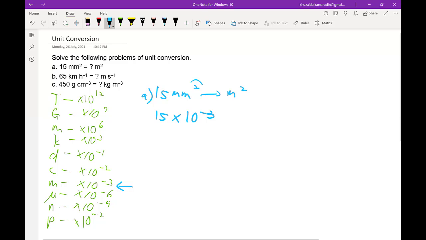But then you have millimeter square, so here you have to square it as well. Alright, so what you're gonna have after all is 15 times 10 to power of negative 6 meter square. Alright, so this is the answer.